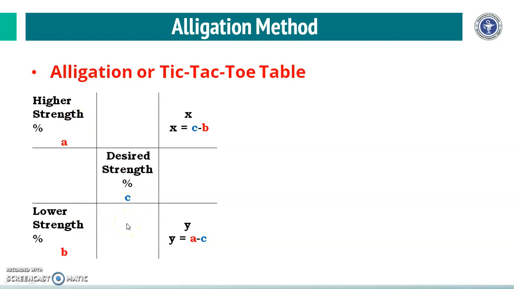And for this, what we have to do is calculate higher strength minus desired strength, which is given y is equal to A minus C, and then you have to calculate desired strength minus lower strength, that is C minus B. So x is equal to C minus B is written over here, and y is equal to A minus C is written over here.